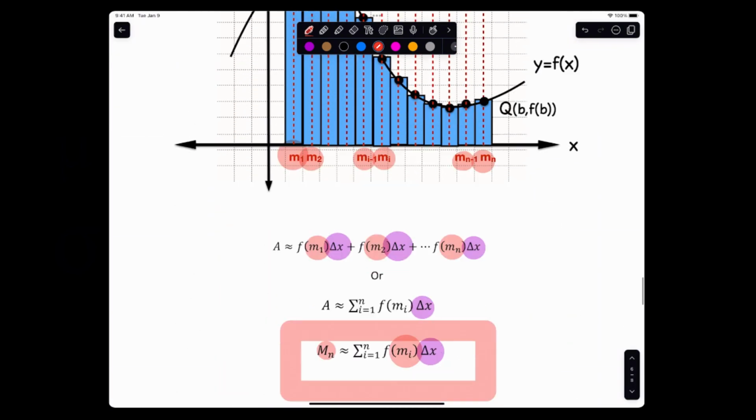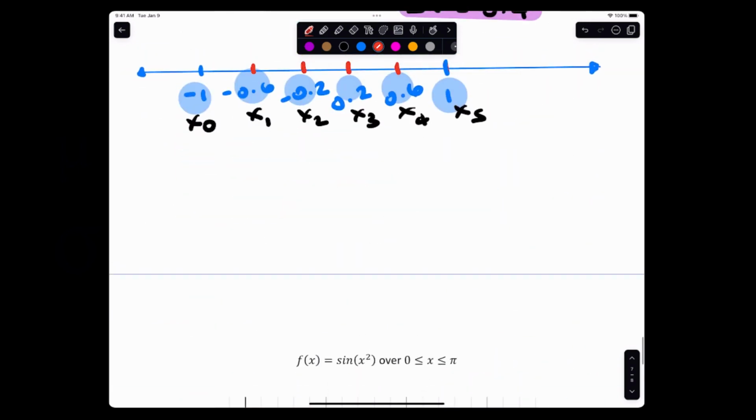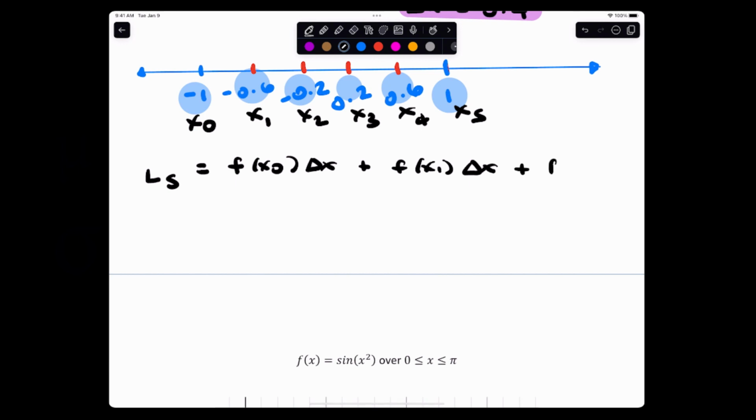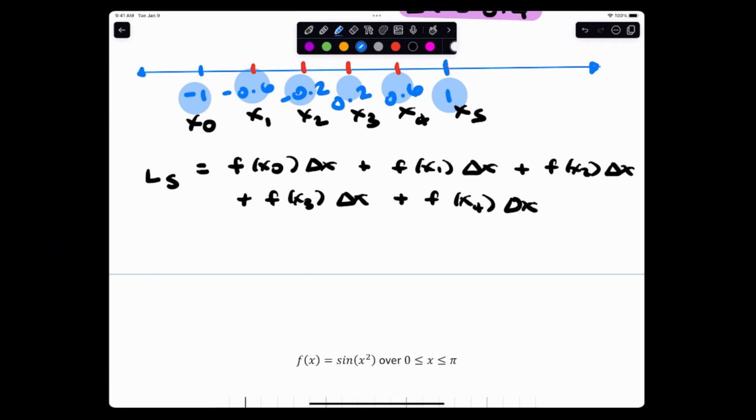So L5, very simply, is this: f of x naught delta x plus f of x1 delta x plus f of x2 delta x plus f of x3 delta x plus f of x4 delta x. These are all the left endpoints.